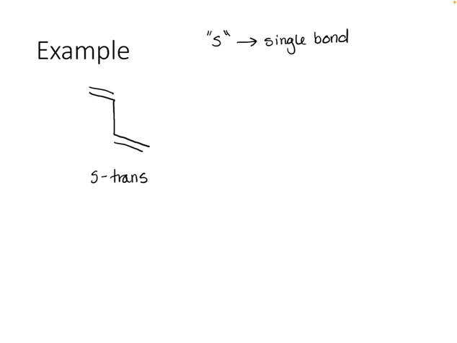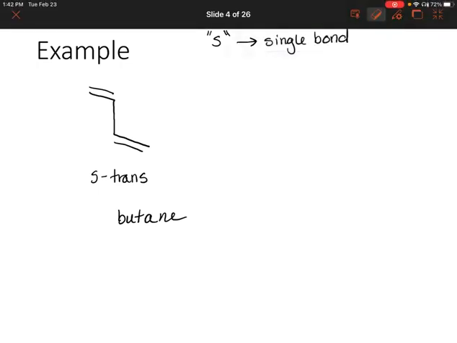But also, what's the name of this compound? How would we name this compound? The longest carbon chain has 4 carbons, so we would use butane, but we have 2 double bonds in this molecule, so I'm going to erase the n and the e and put diene in there. So it's butadiene.